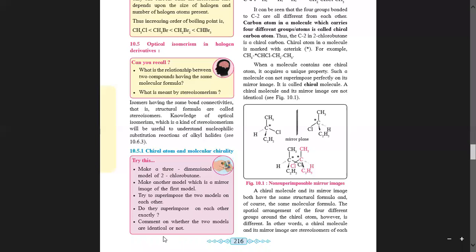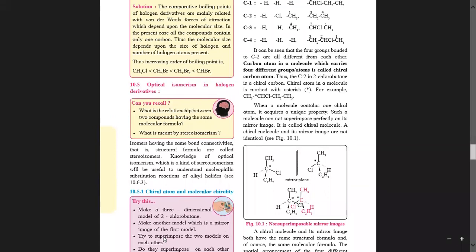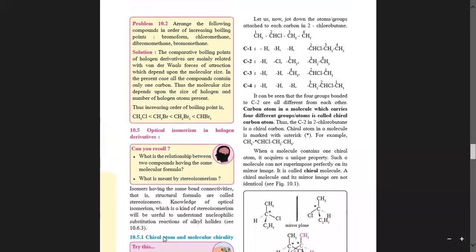Optical isomerism is one type of stereoisomerism, and this knowledge is useful for understanding the nucleophilic substitution reactions of alkyl halides, that is SN reactions of alkyl halides. For optical activity, we will take this example, 2-chlorobutane.